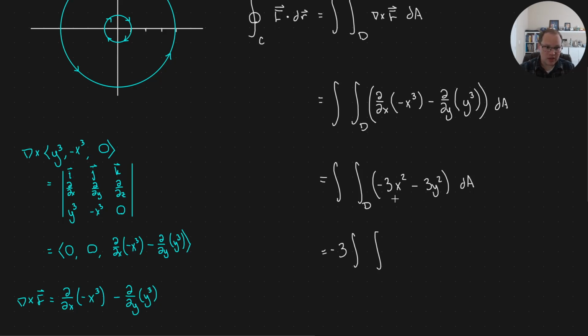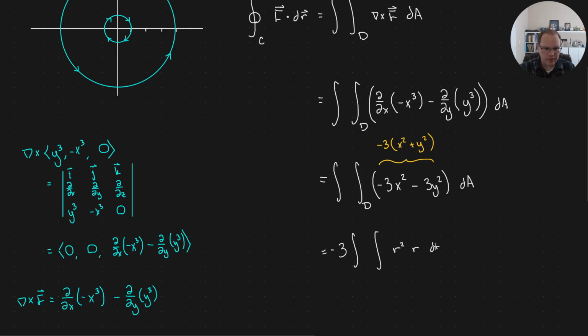I'd be left with x squared plus y squared, right? This is negative 3 times x squared plus y squared. And x squared plus y squared is r squared. So if I'm converting to polar coordinates, this is a great way to go. And since I'm converting to polar coordinates, I also get another factor of r, right?